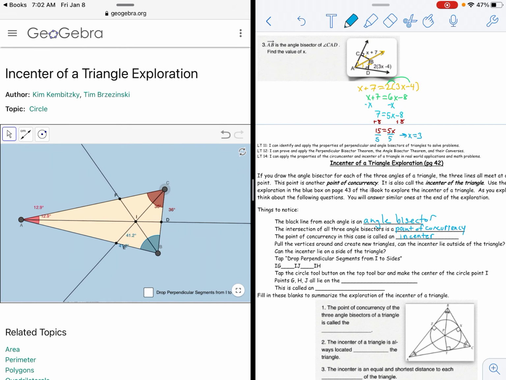And then we're going to make a circle centered at point I. So I made a circle centered at point I, and look, kind of messed up. Time out.